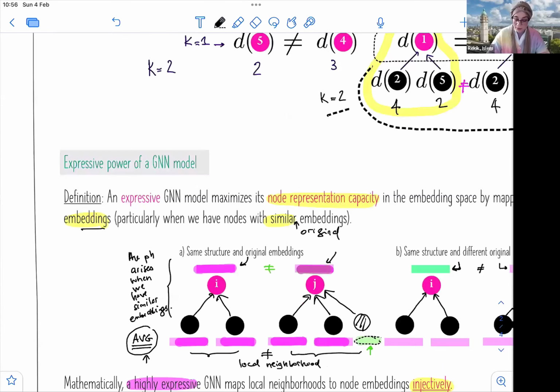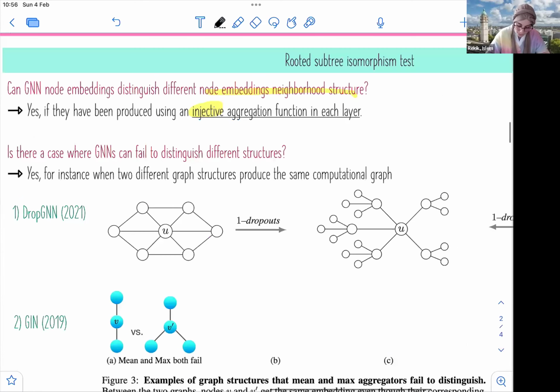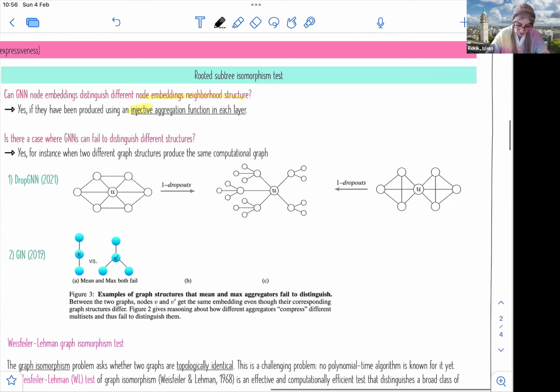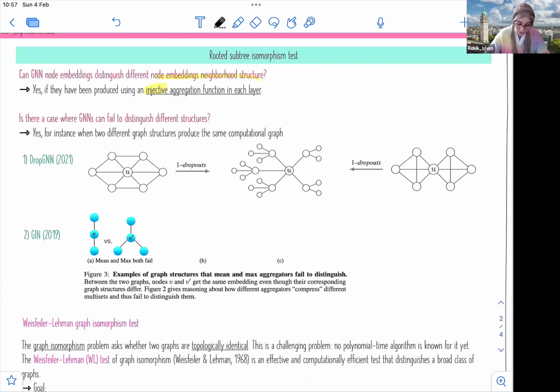And previously also, guys, we have seen the case of DropGNN, with the dropout. And also in the previous lecture, we have seen that when we do one dropout, we remove one random node from these two graphs, we're going to get exactly the same computational graph. So even dropping out a node will not allow us to distinguish these two different graphs, right? Because they have the same computational graph when dropping out the node.